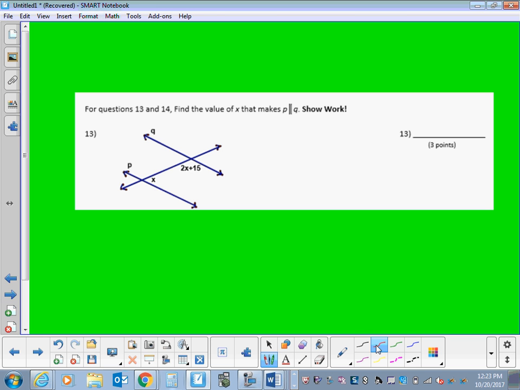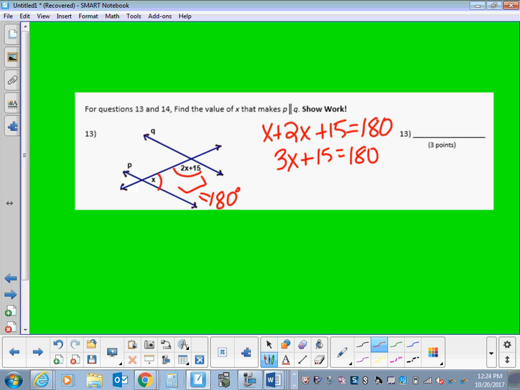So for this one we decided that angle X and that angle are both consecutive interior, so they both equal 180 degrees. What'd you guys get for X? 55. Let's see. 3x plus 15 equals 180. 3x equals 165.